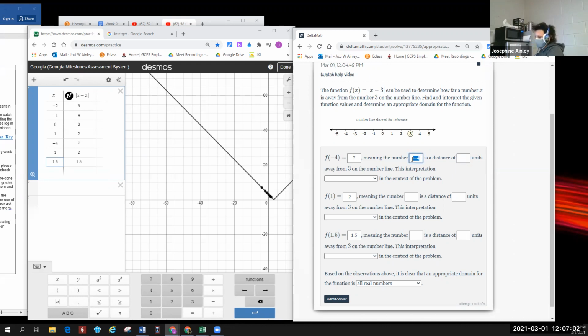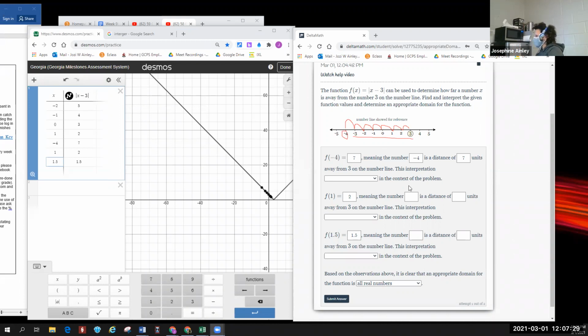Oh, sorry, so you have to read this differently. Meaning -4 is a distance of 7 units away from 3. So if I go to -4 right here, how far is that away from 3? 1, 2, 3, 4, 5, 6, 7.